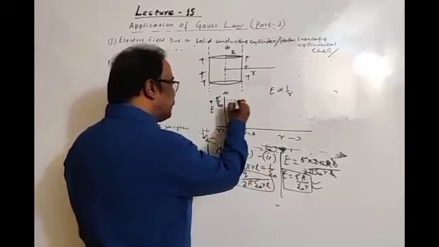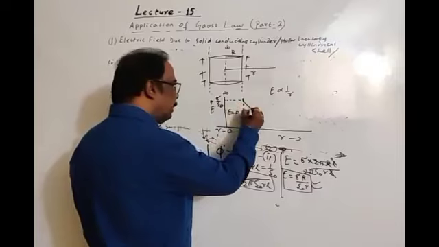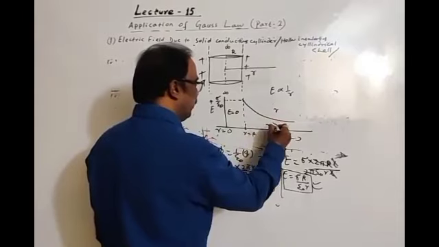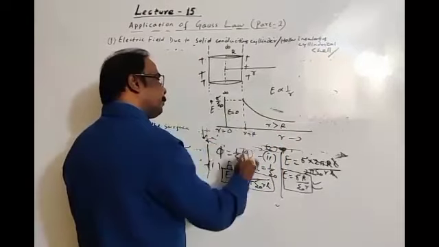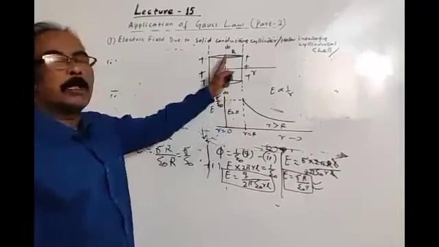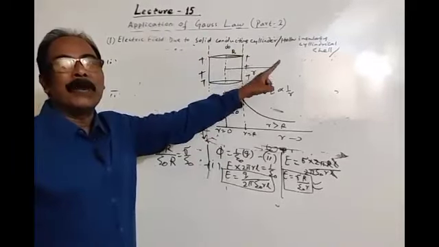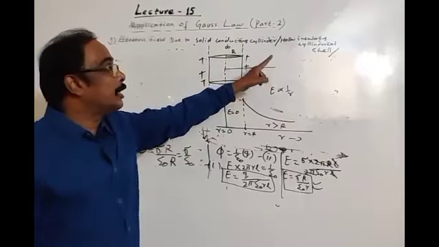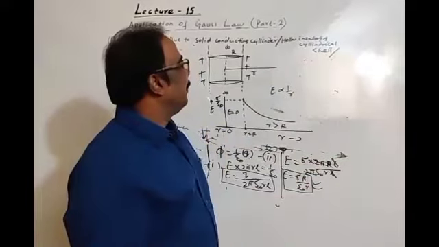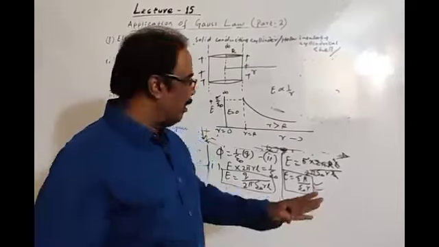Then if this is sigma by epsilon naught on the surface, from this the electric field will go on decreasing if r is greater than capital R. This is the variation of electric field with distance from the axis of the cylinder. Maybe a conducting solid cylinder, or a hollow non-conducting or insulating cylindrical shell, or a hollow conducting cylindrical shell. For all, the answer is the same.